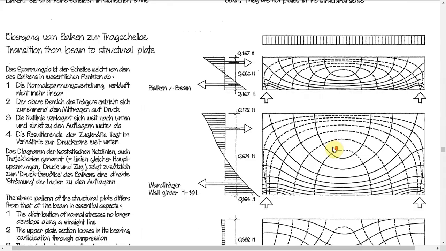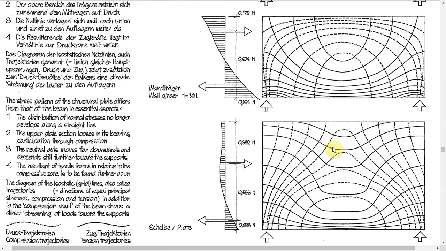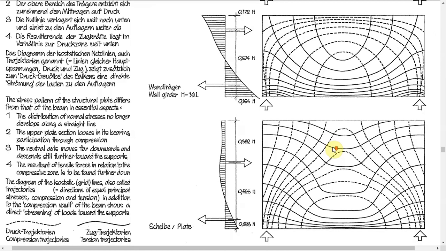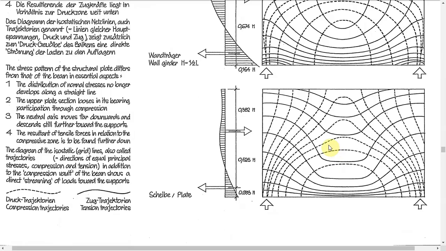So the stress pattern of structural plate differs from that of the beam in the following essential aspects. The distribution of the normal stresses no longer develops along a straight line. The upper plate section loses in its bearing participation through compression. The neutral axis moves far downwards and descends still further towards the support. The resultant of tensile forces in relation to the compressive zone is to be found further down, right?